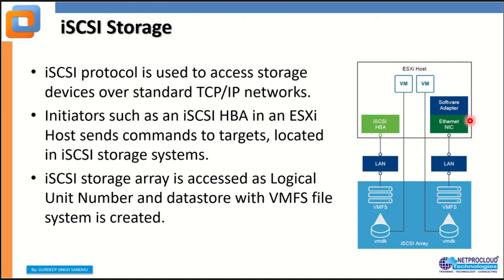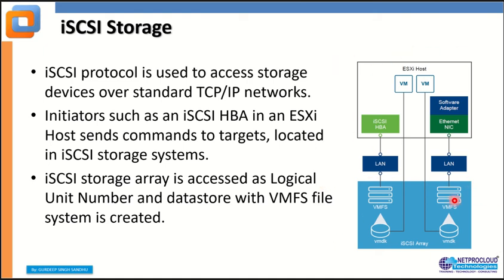In the software adapter, our Ethernet NIC can work fine, and both adapters communicate over the local area network or a standard TCP/IP network to access the iSCSI array. When the ESXi box accesses the iSCSI array, a virtual machine file system volume, the datastore, is created from it, and onto this datastore the virtual machines keep their VMDKs. In this way, the iSCSI array can be accessed by the ESXi host.